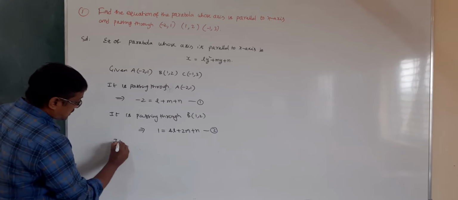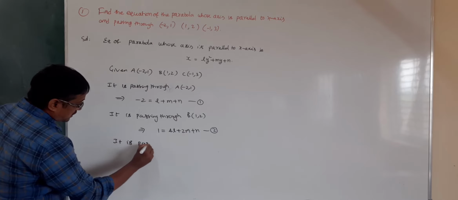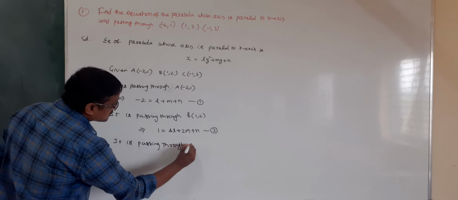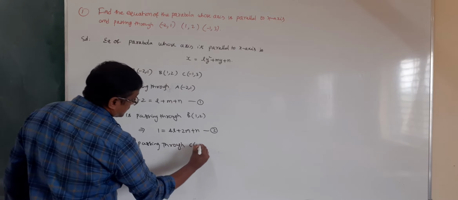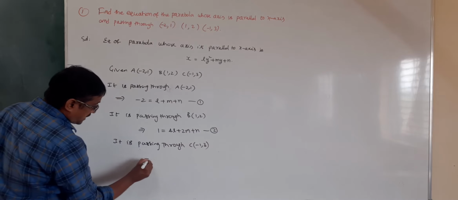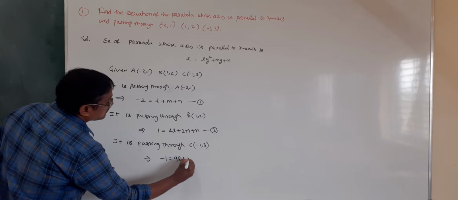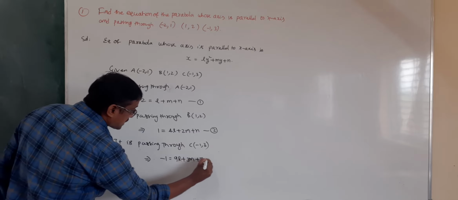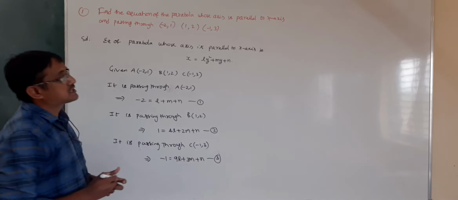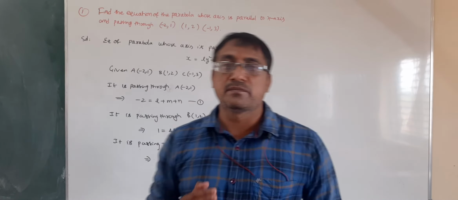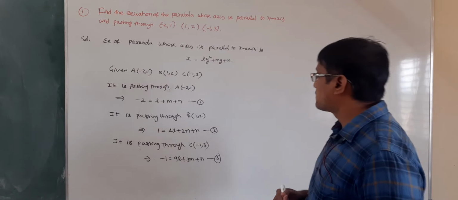Now it is passing through C(minus 1, 3). So you will get minus 1 is equal to 9l plus 3m plus n. Let it be equation 3. Now remember that first you have to eliminate n from these 3 equations.